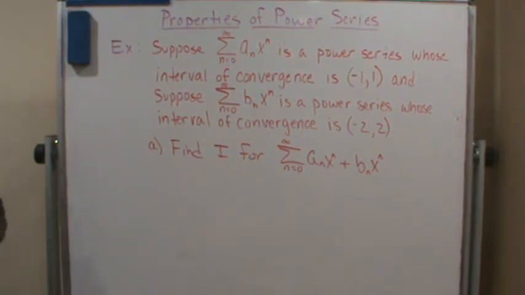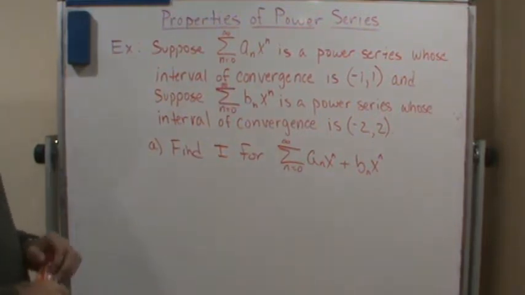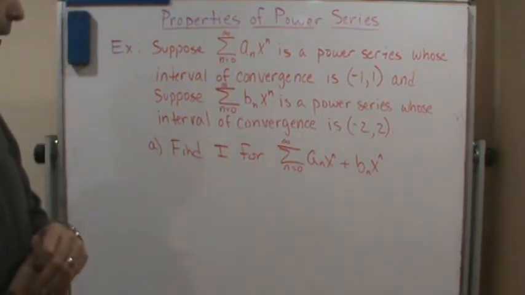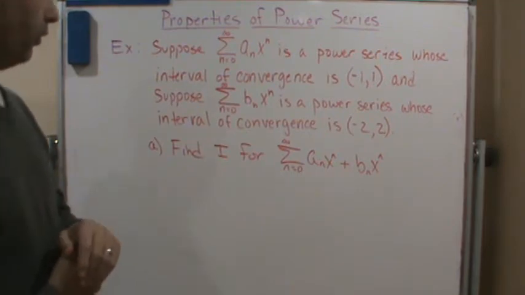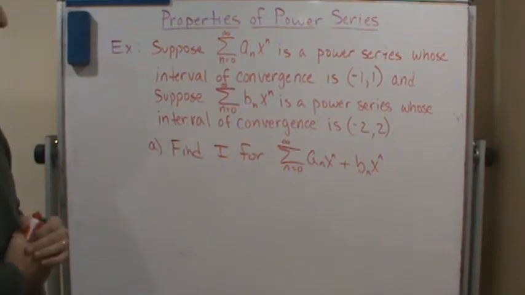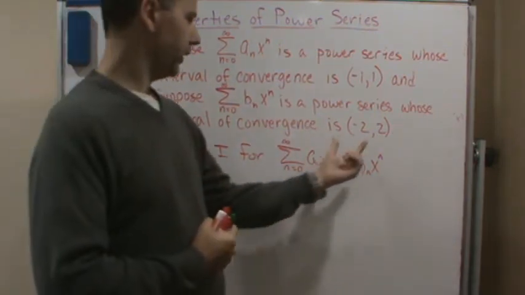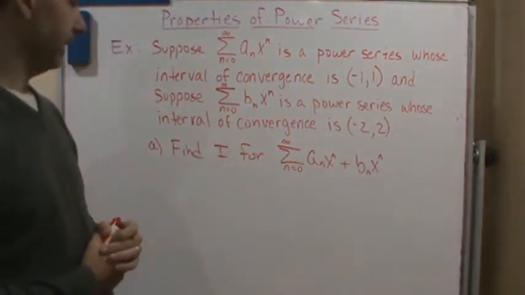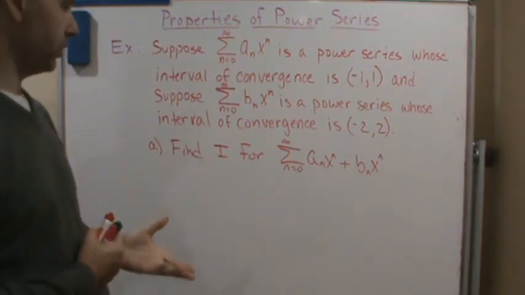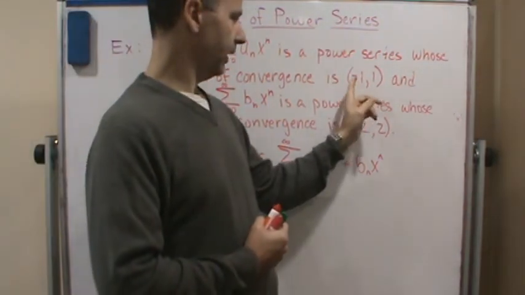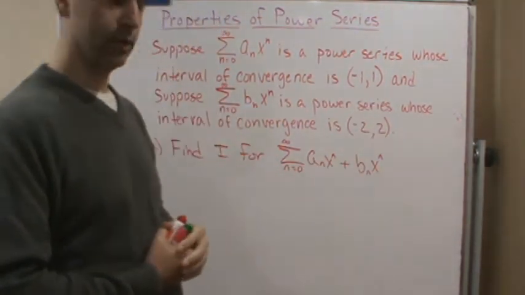Okay, so in this case it's very straightforward, because remember in the theorem it talks about a common interval of convergence. So what is the common interval of convergence for both of these series? If we look at the intervals of convergence of -2 to 2 and -1 to 1, the obvious common interval is that both of these series will converge as long as x is in the interval from -1 to 1.